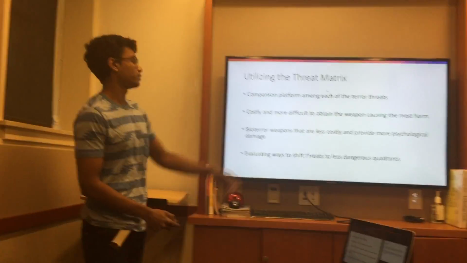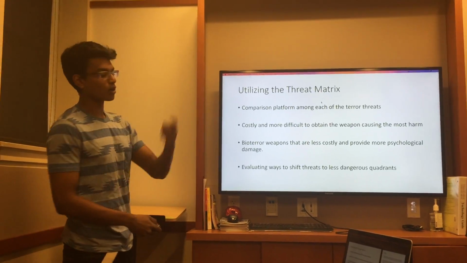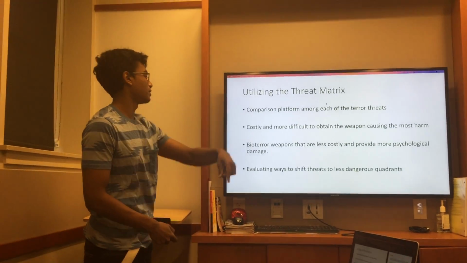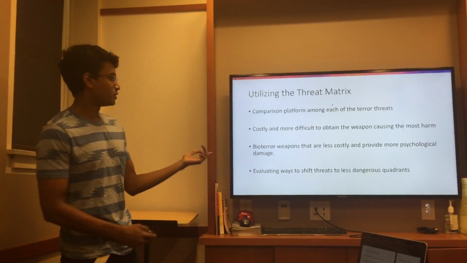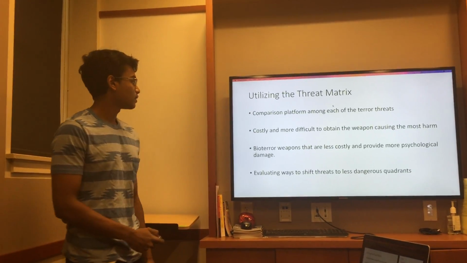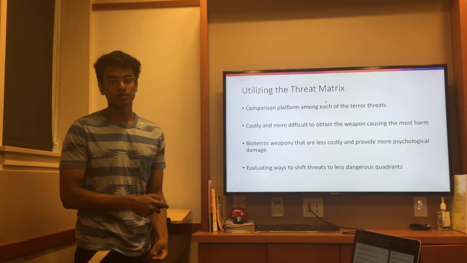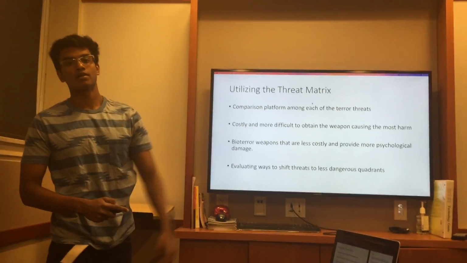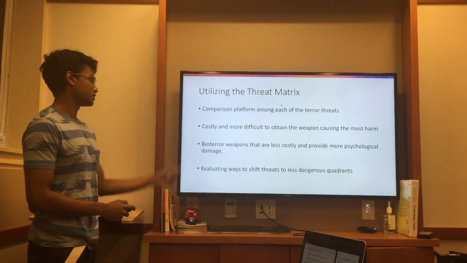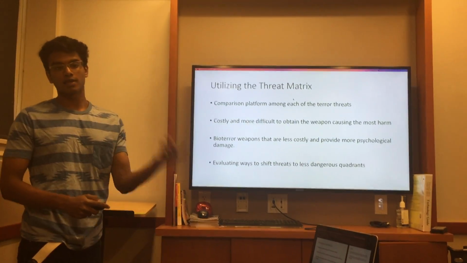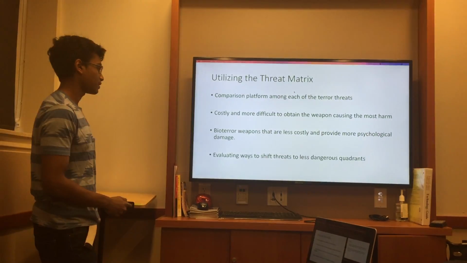And so from that we could see that the more costly weapons actually cause the most damage. And then from the second matrix, we can see that bioterror weapons are less costly, but they actually have a higher economic cost. And that was interesting comparatively to cyber, nuclear, and 9/11 type attack.